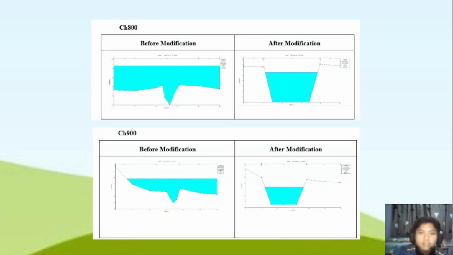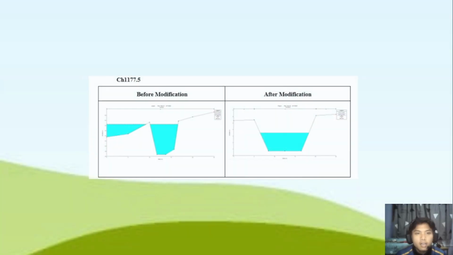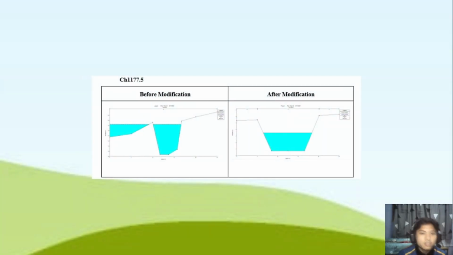Chainage 800, chainage 900, chainage 1000, chainage 1100, and lastly chainage 1177.5, before modification and after modification.